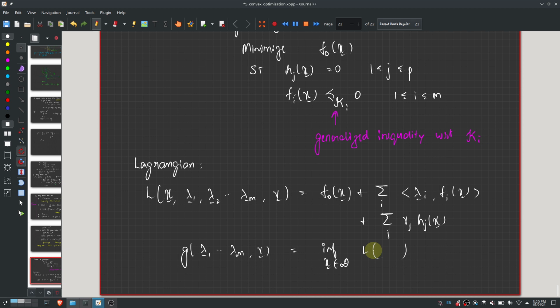But it is in the formulation of the dual optimization problem where you have to be slightly careful.